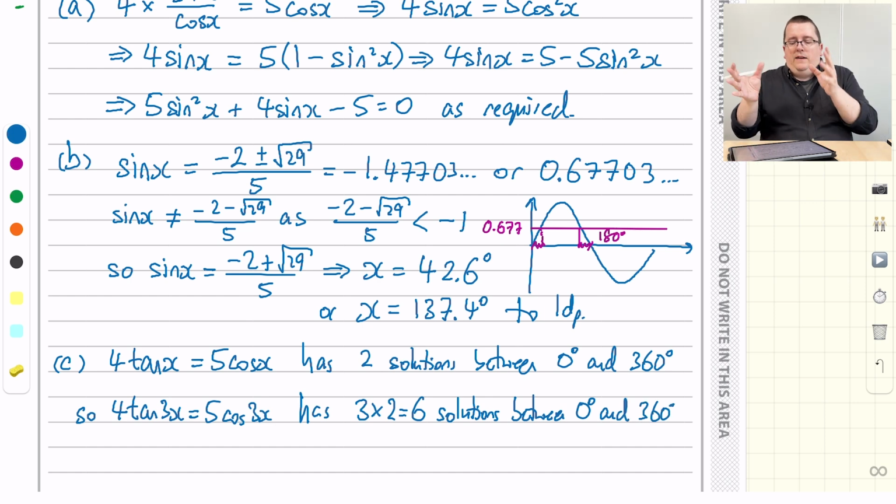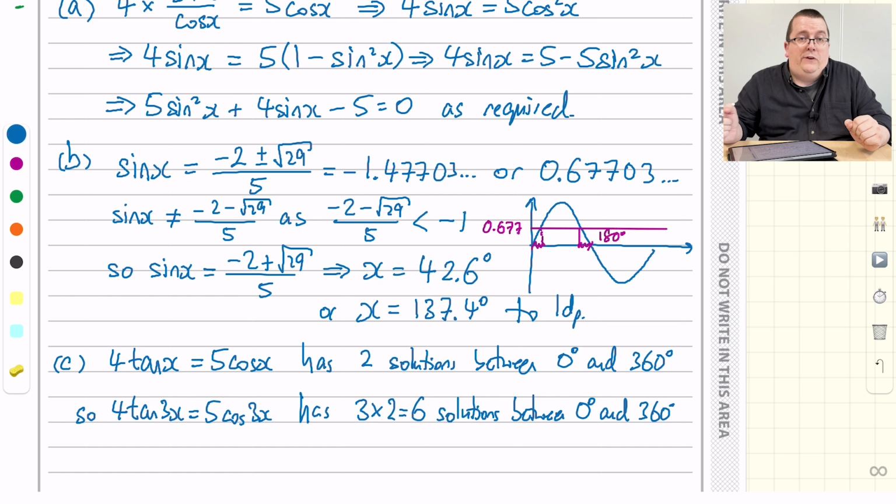Okay, and then you're going from 0 to 360, and then 360 to 720 and so on, all the way up to 1800 degrees. So that's going to be 5 lots. 5 lots of 360 gets you to 1800.